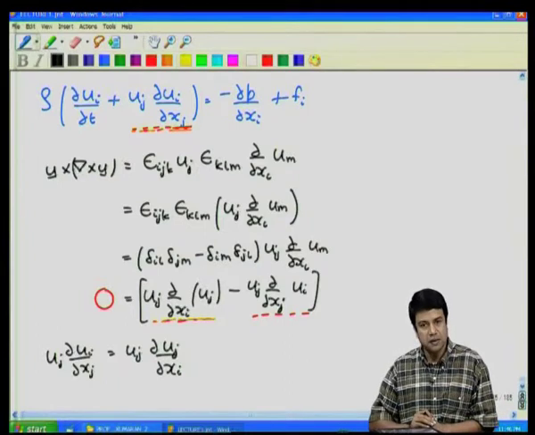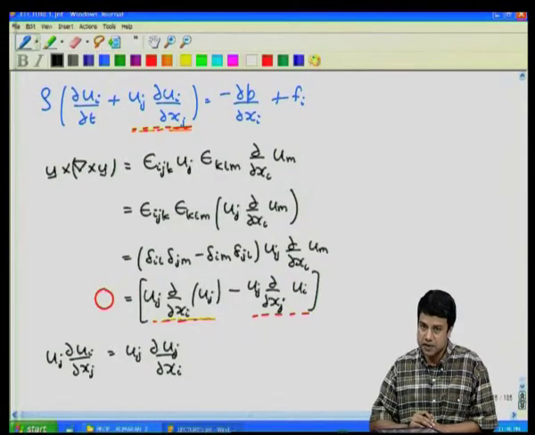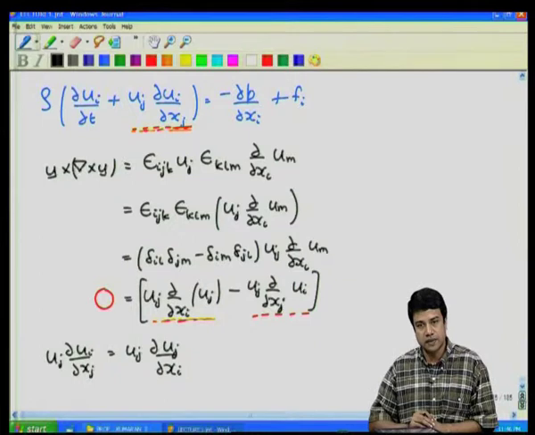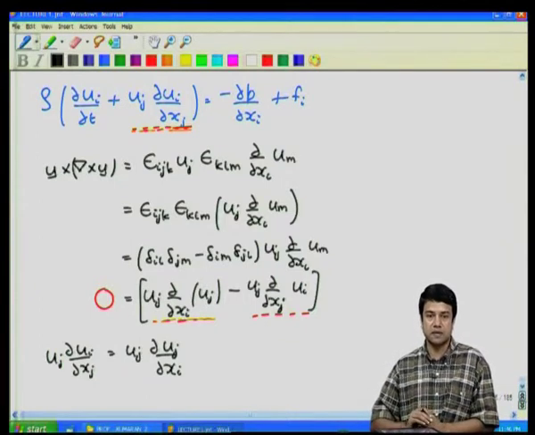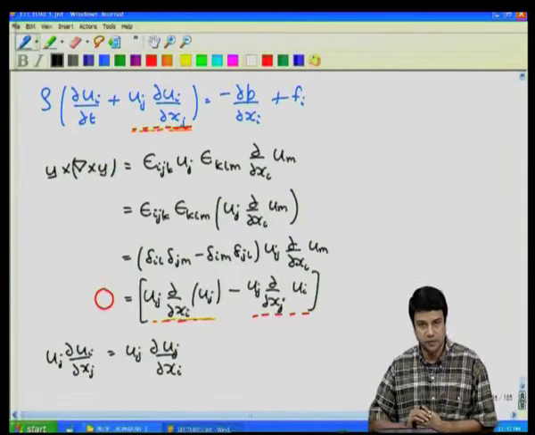You would have expected this, and this basically is telling you that partial ui by partial xj is equal to partial uj by partial xi. That is, the transpose of the rate of deformation tensor is equal to itself. That is, the rate of deformation tensor is symmetric. That is expected in this case because there is no rotation. Therefore, the antisymmetric part of the rate of deformation tensor is equal to 0.